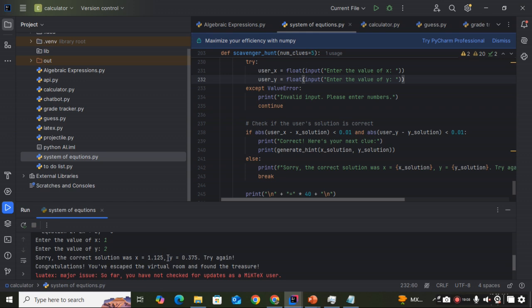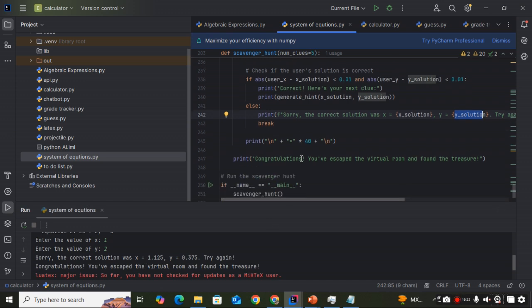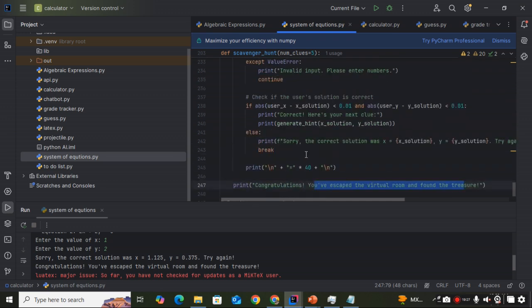He will show the correct solution, of course, your x solution and your y solution, and then you've escaped the virtual room.